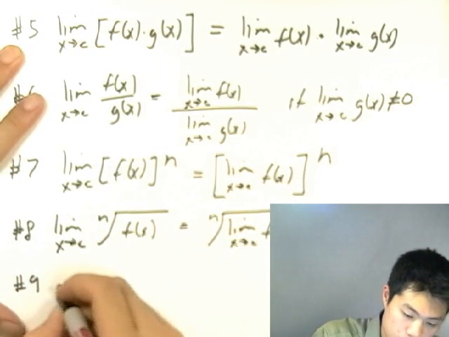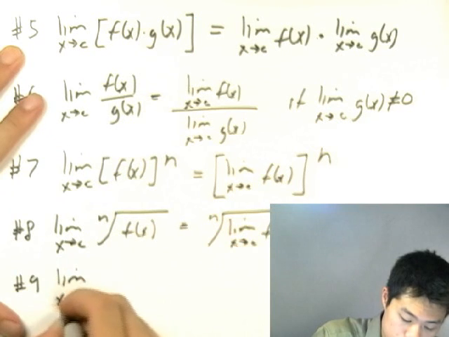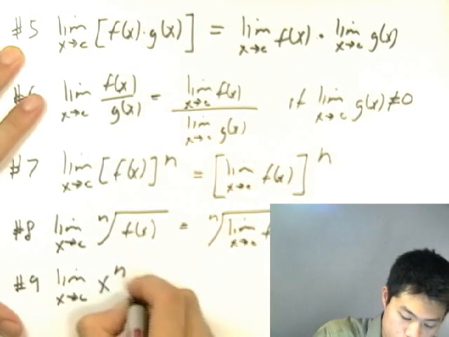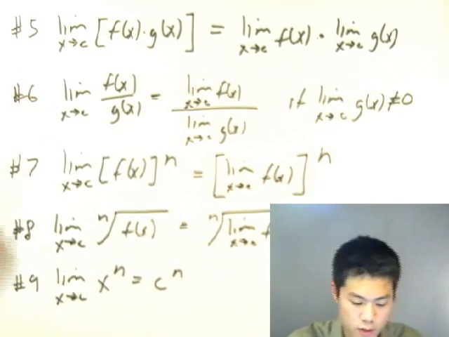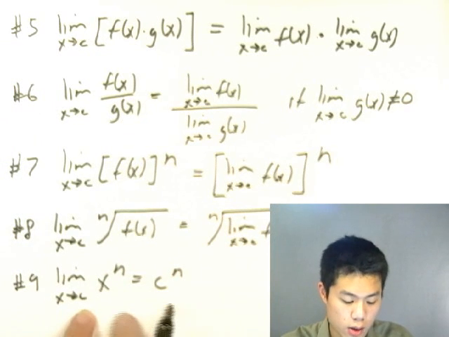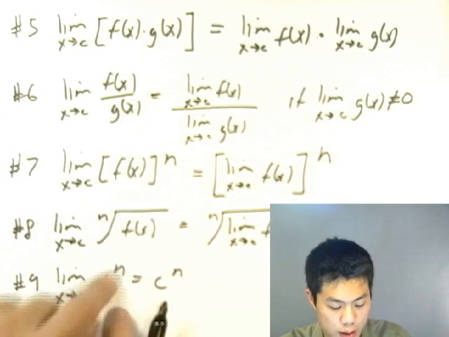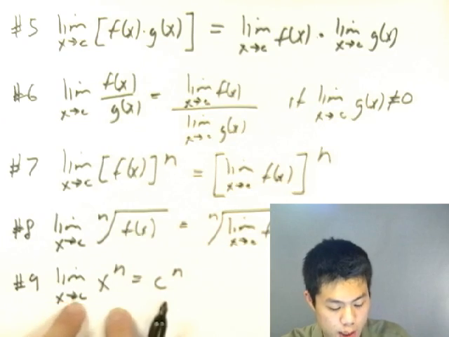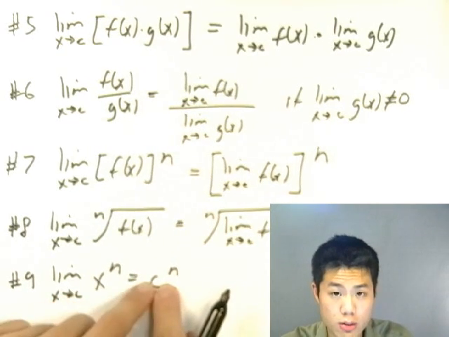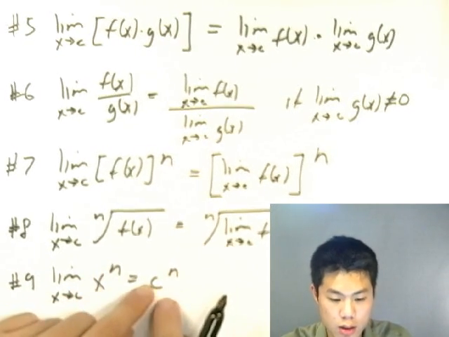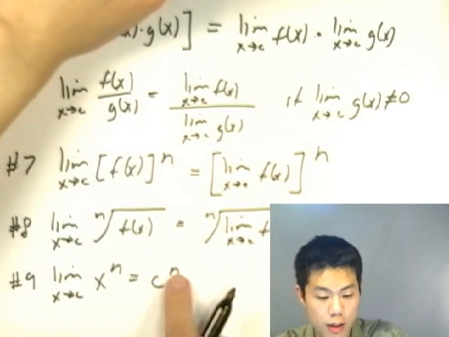Another thing to take note of, which follows from this one: if we have the limit of x to the nth power as x approaches c, just simply plug in c for x, so it's equal to c raised to the nth power.